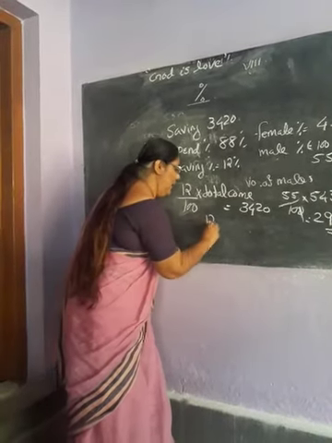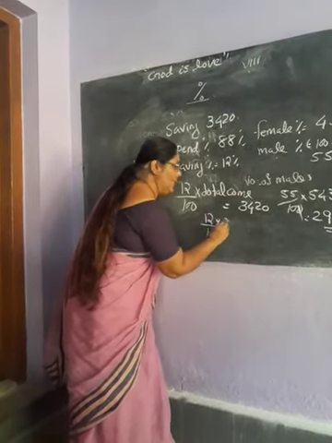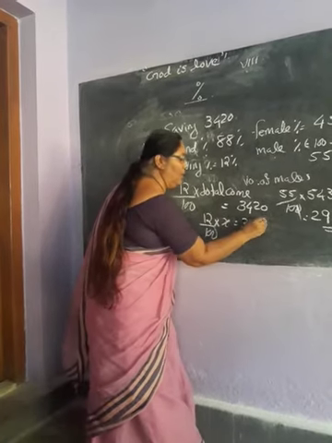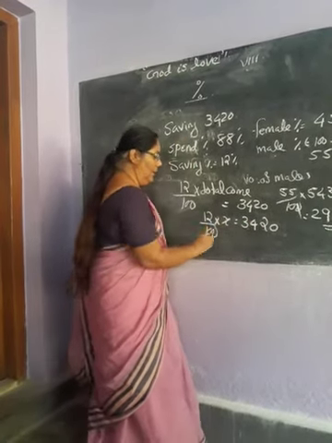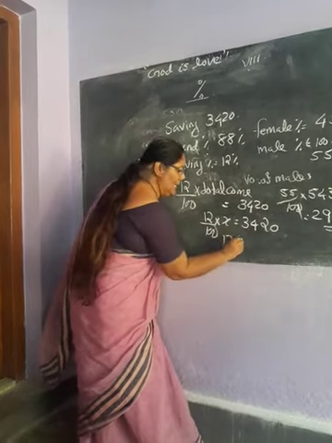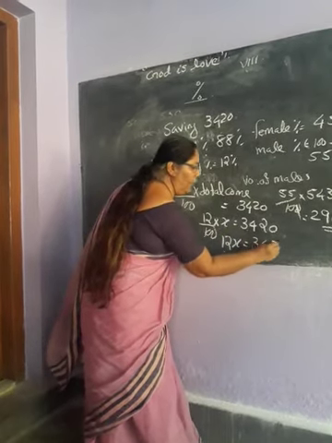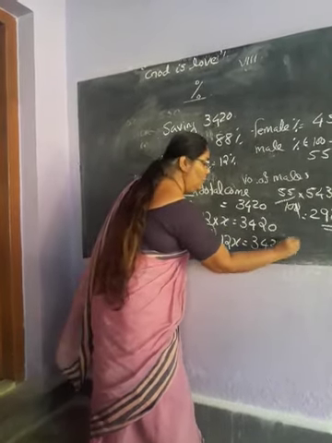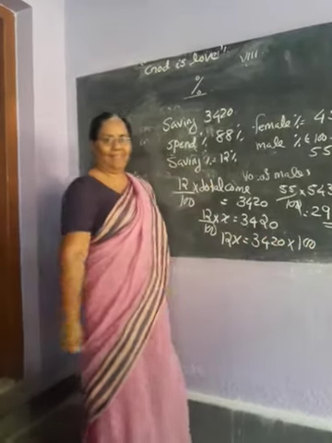Therefore, 12 by 100 into x is equal to 3,420. Therefore, 12x is equal to 3,420 into 100. Is it clear?